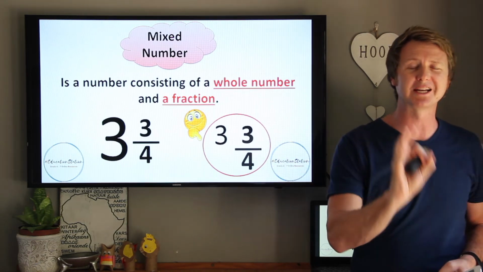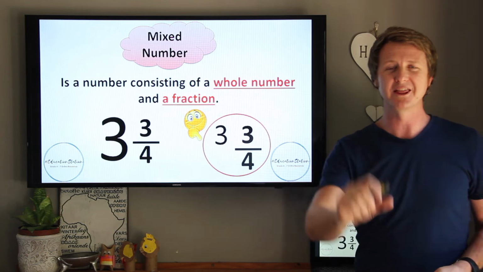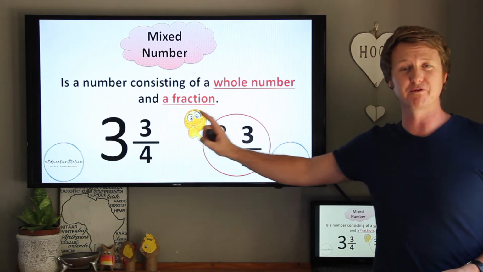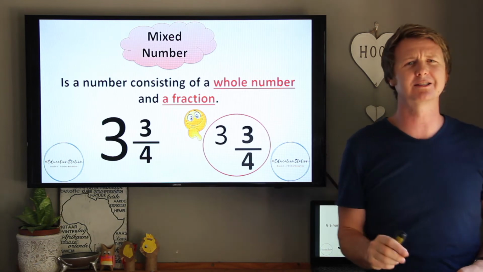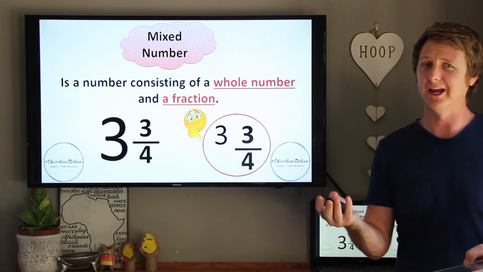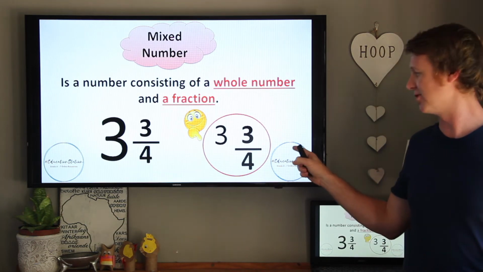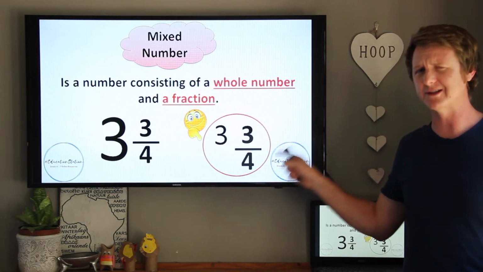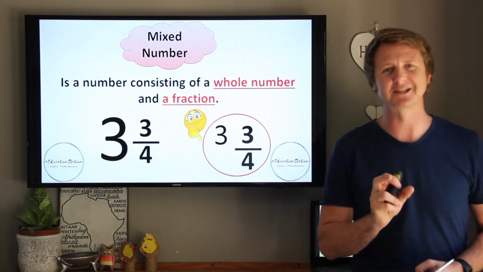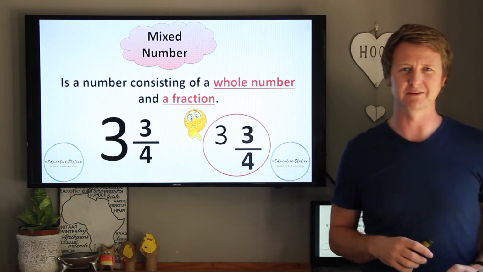So whenever you're writing a mixed number, please remember that your whole number has to be the same size as your fraction. It's just a little tip, but it could be the difference between losing a mark and actually getting the mark, because you could end up with that example there that does look like 33/4. So make sure that you write the mixed number in the correct manner.